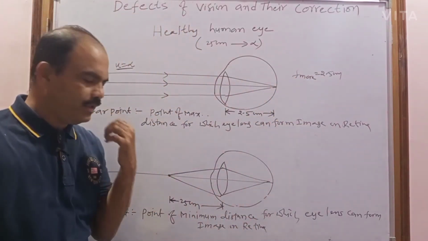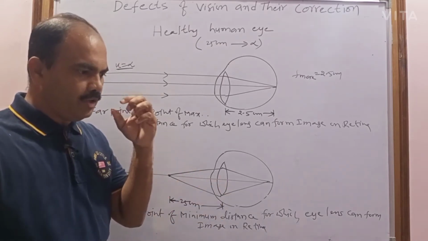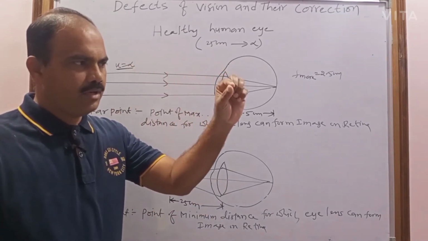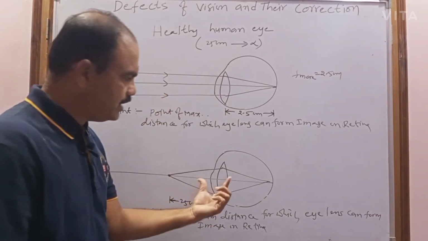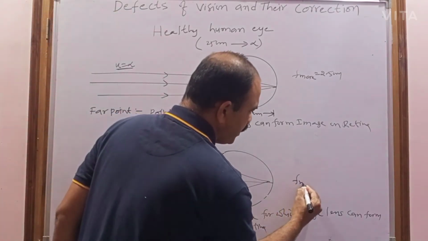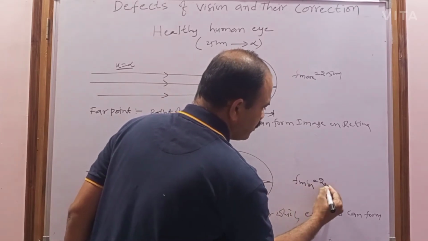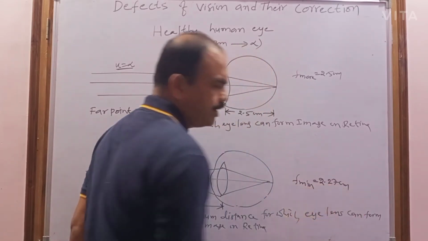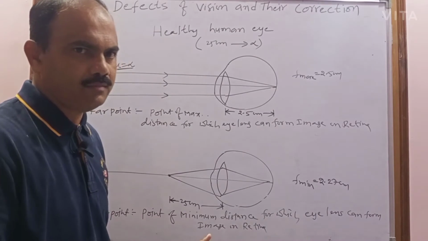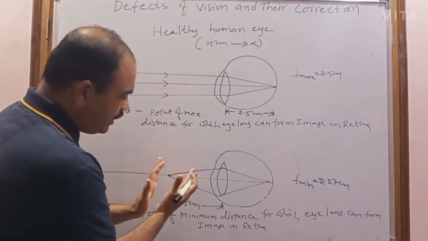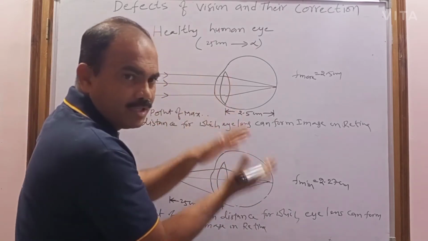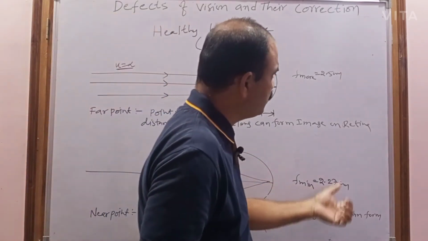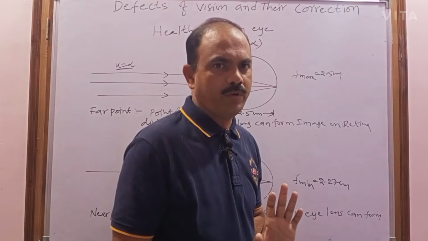In the same way, when the healthy human eye sees an object at 25 centimeter, the focal length of the eye lens is the minimum focal length, which is 2.27 centimeter. Already you know that. And if the object is between 25 centimeter and infinity, the eye lens can change its focal length between 2.27 and 2.5.